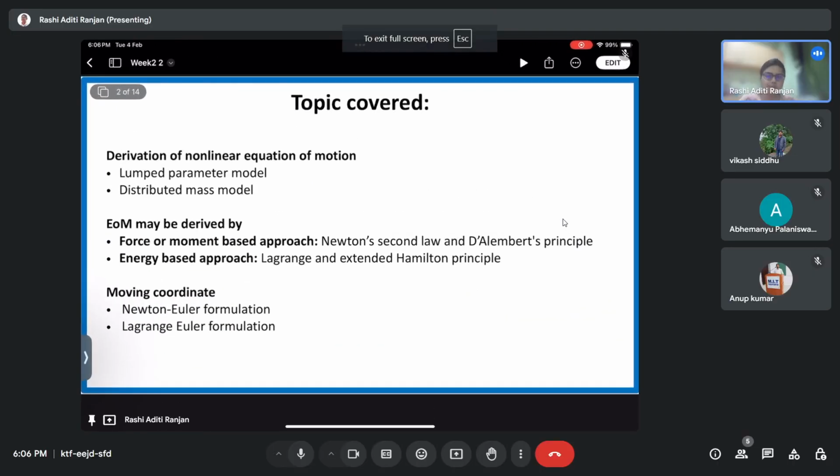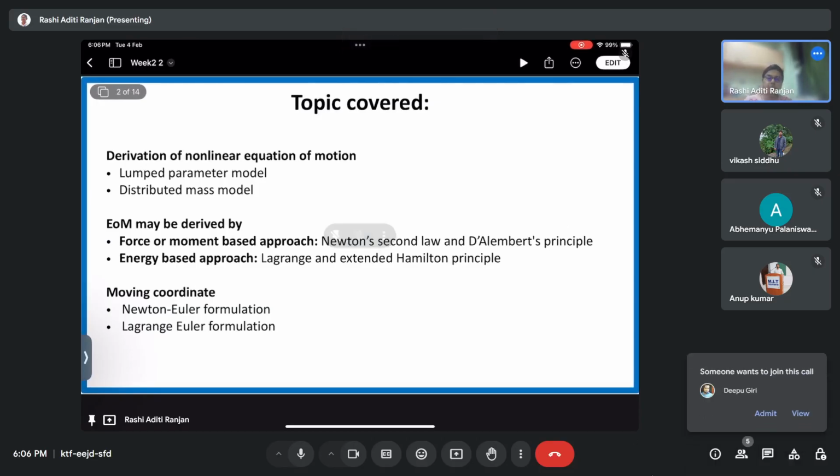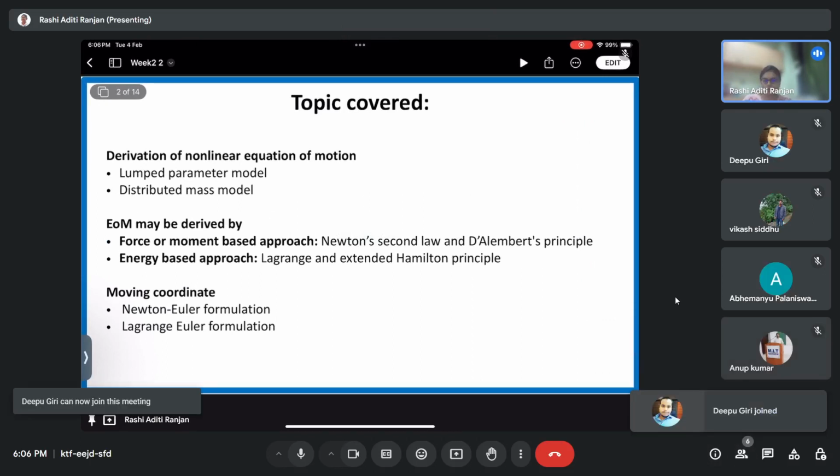If we want to work on a physical system, we try to obtain its equation of motion, right? Because through the equation of motion, we can talk about the behavior of the system, its dependence on the parameters, and many further things. Now, how do we derive the equation of motion?